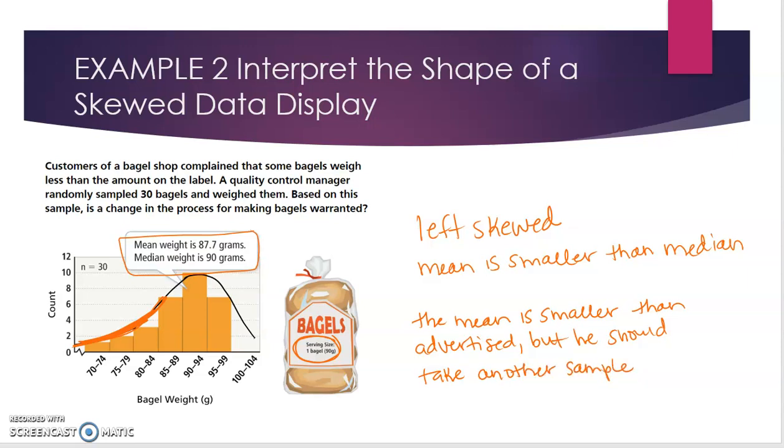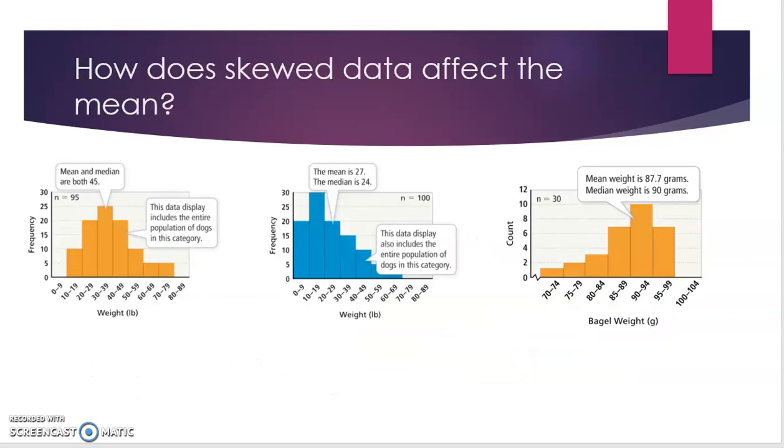To summarize, looking at histograms specifically, how does skewed data affect the mean? These are the 3 histograms we've seen so far. The one on the left would be, for the most part, symmetrical. And like we said, the mean is equal to or really close to the median.